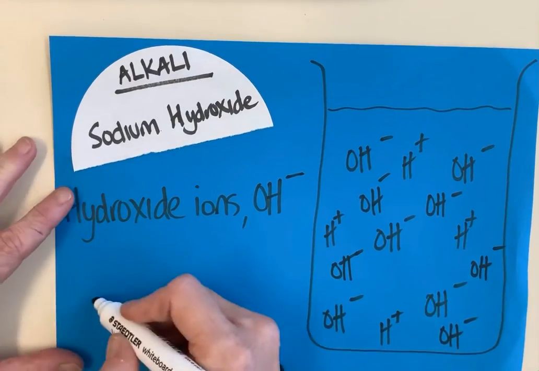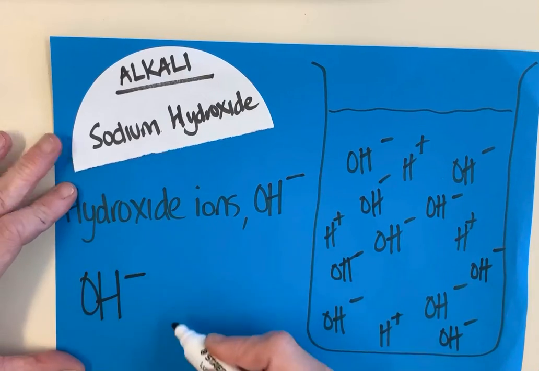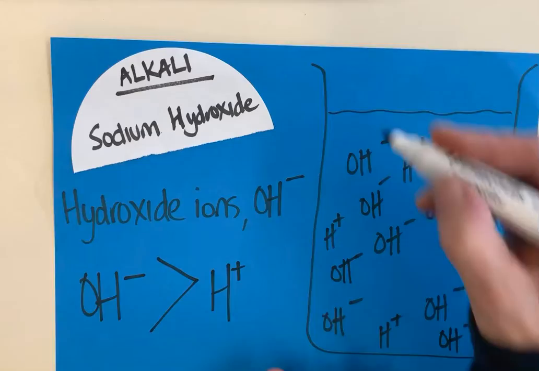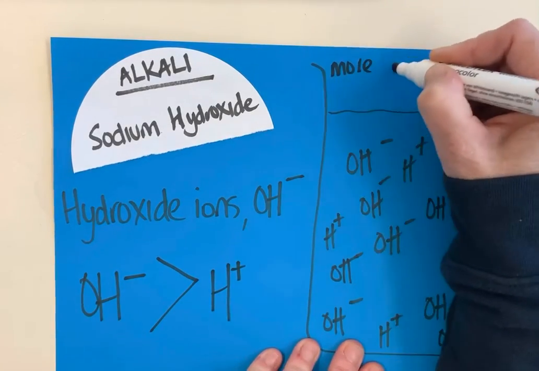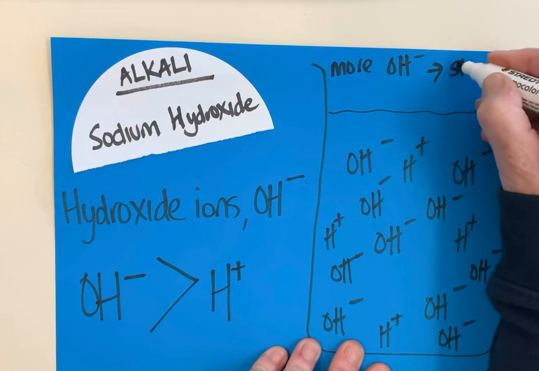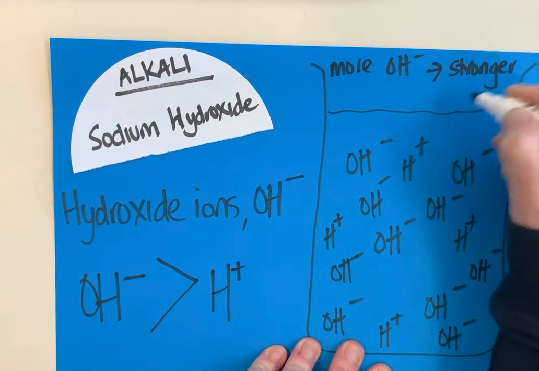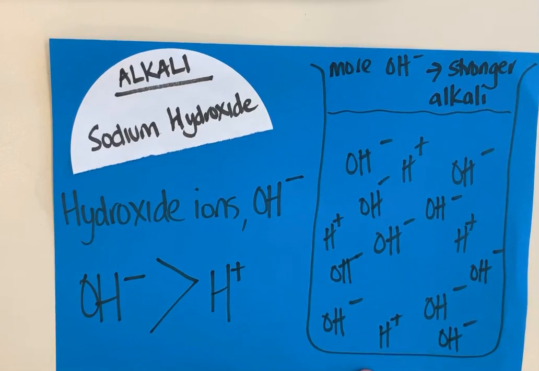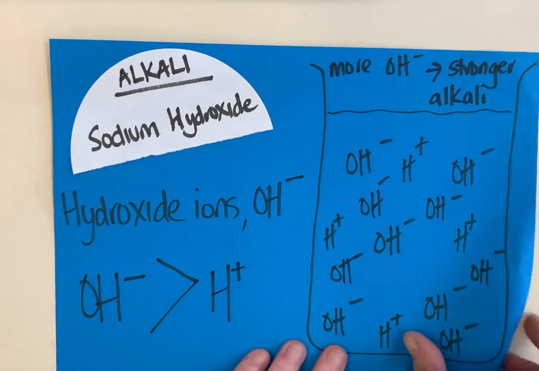So an alkali is when the number of hydroxide ions is bigger than the number of hydrogen ions. And the more hydroxide ions that are in excess, the stronger the alkali. So an alkali is defined by the number of hydroxide ions.